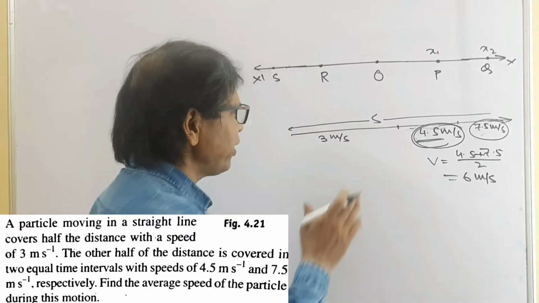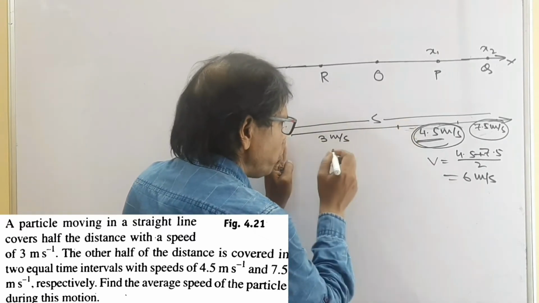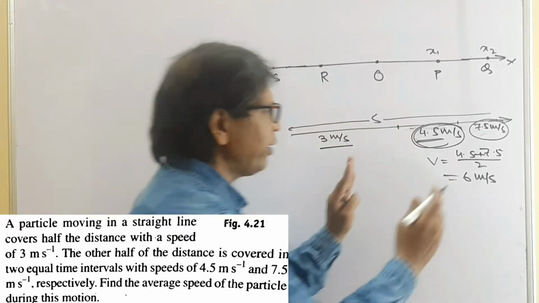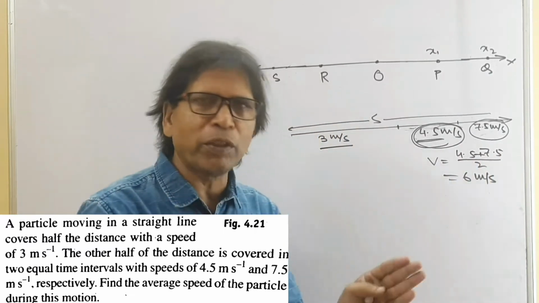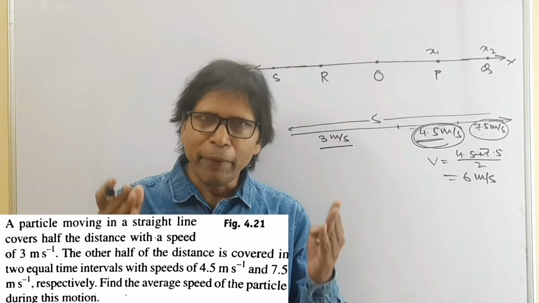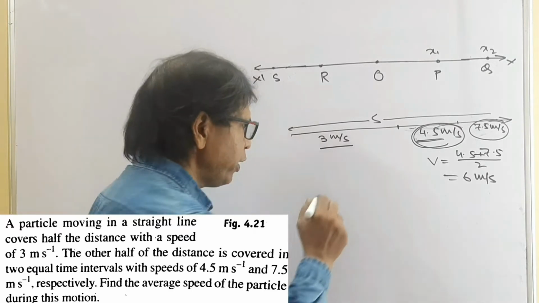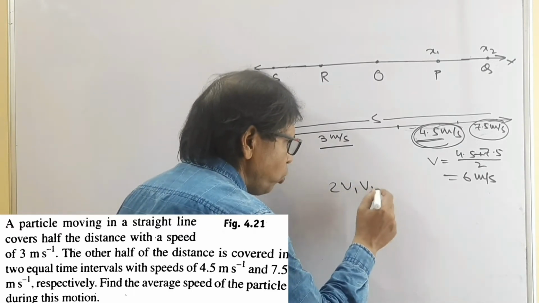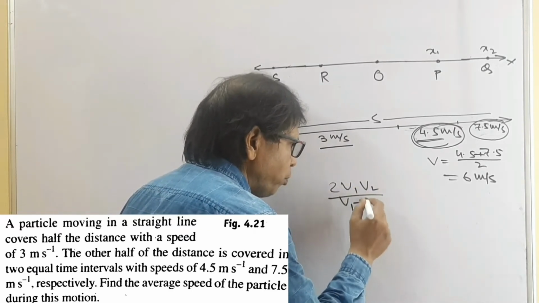Now, this half distance is covered with 3 meter per second and this half distance with 6 meter per second. We know the average speed for equal distance is 2 v1 v2 divided by v1 plus v2.